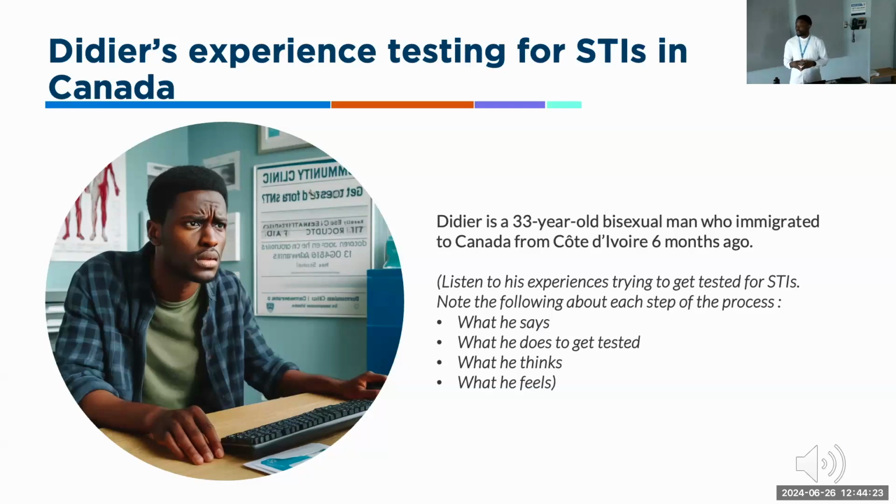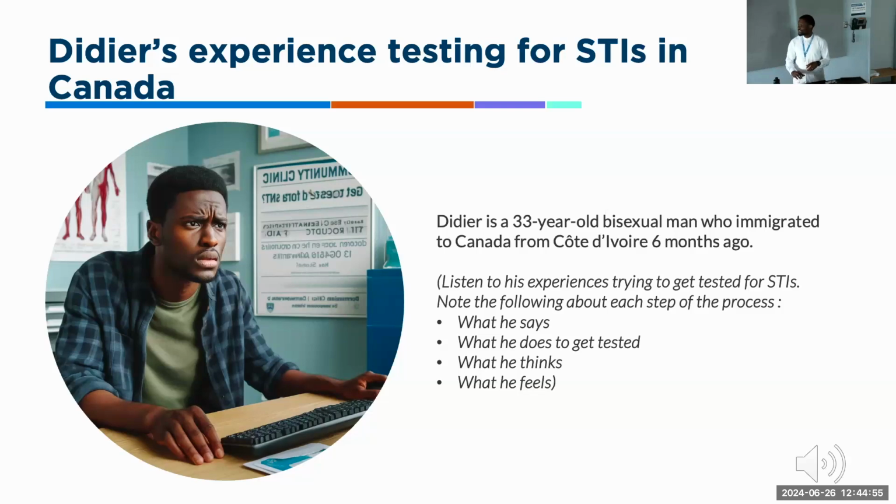Here, I worked with users who wanted to get tested on Get Checked Online, which offers STI tests online, but did not test for any reason. So we think of them as missed opportunities because they wanted to test when they created an account, but did not test. We've created a composite character, what I think eventually we will describe as personas, Didier Kone.